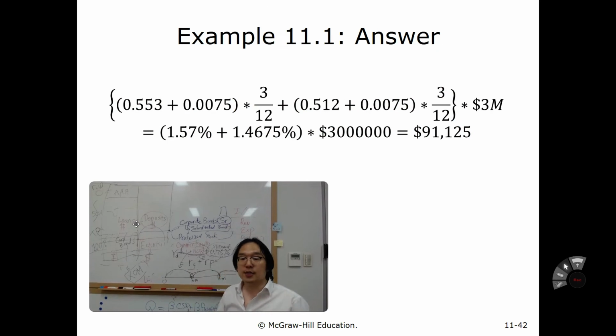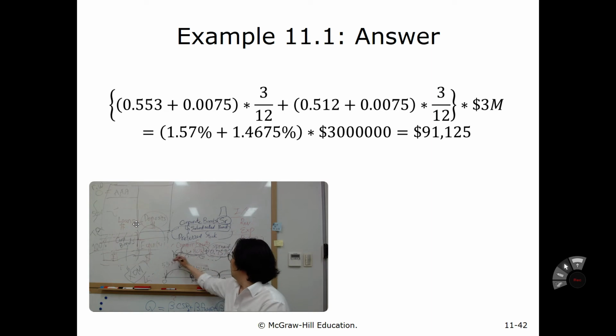Remember, this is 3 months rollover. Every 3 months there are LIBOR rates at this point and that point: this is 5.53% and that point is 5.12%. You just add the 75 basis points to the LIBOR rate.